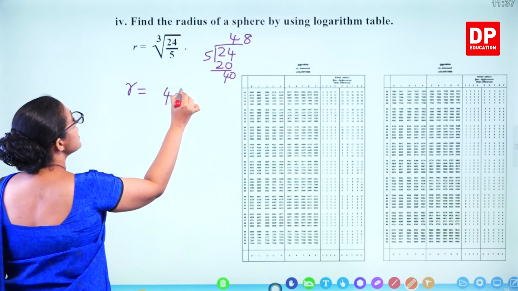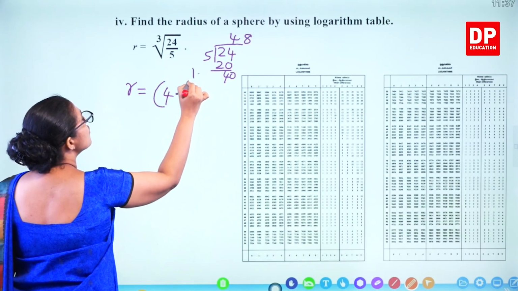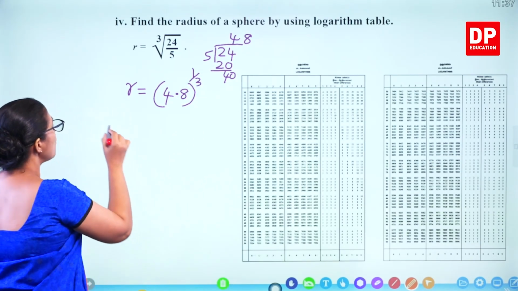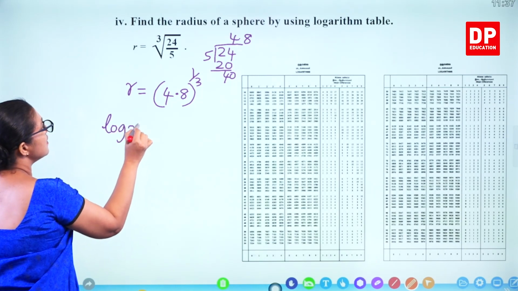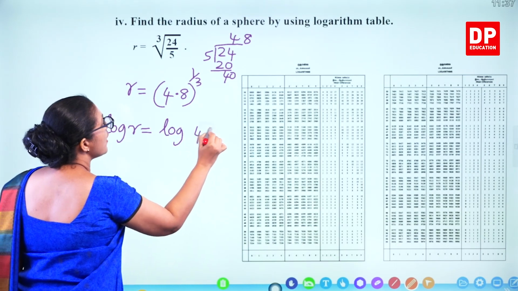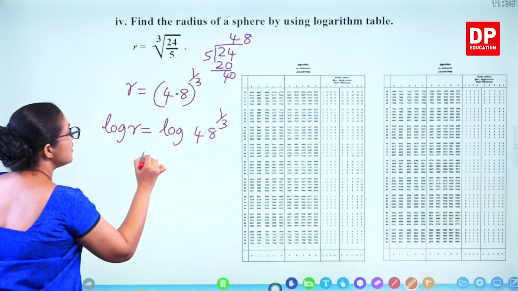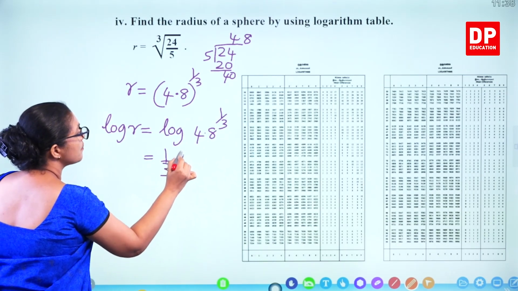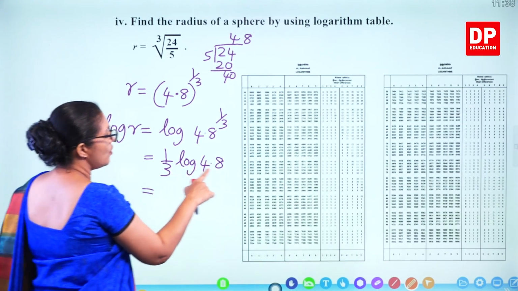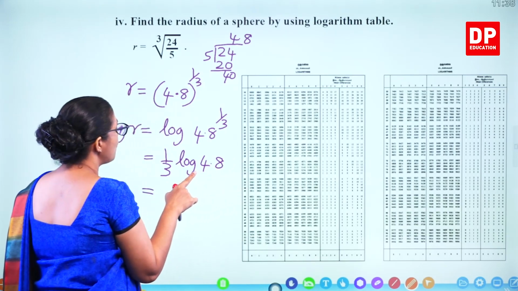So 4.8 to the power 1/3. Cube root means power 1/3. Now take log both sides. Log R is log of 4.8 to the power 1/3. 1/3 you can take out. 4.8. Now you can use logarithmic table.